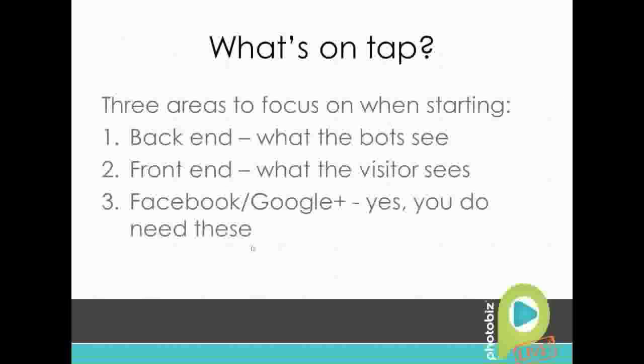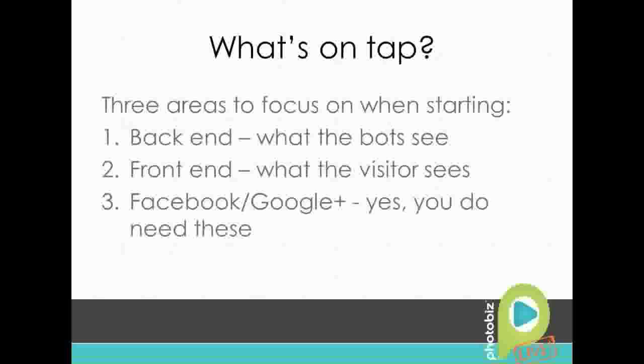Okay, today we're going to look at the 3 places that make up your SEO and how to get started in these areas. The 3 areas we refer to are the back end of your website. This is the area that the bots, which are the search engine's automated software, see. The front end of your website, that's what you see when you go to your URL.